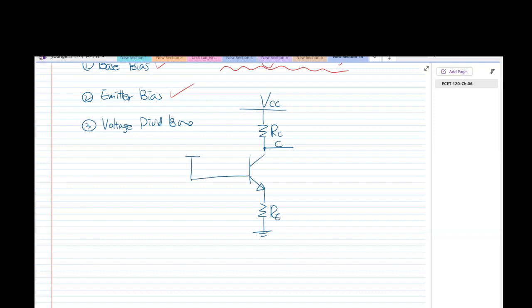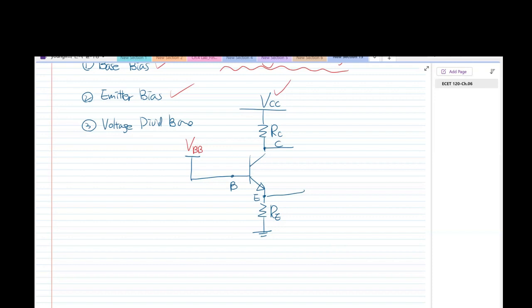Compared to the base bias transistor, in this case there is no resistor in the base part. That is the emitter part here. That is the voltage supply for the base part, and that is the voltage supply for the collector part here.